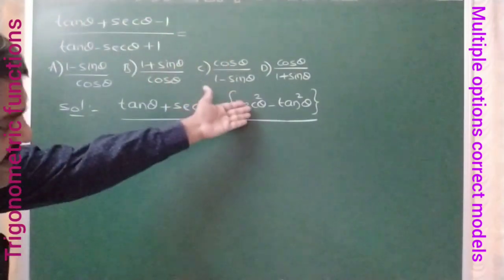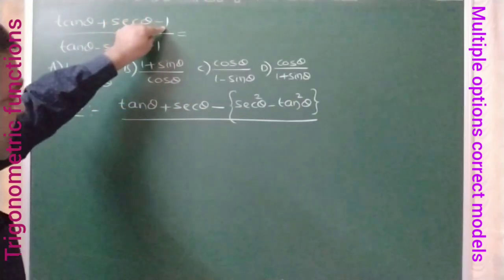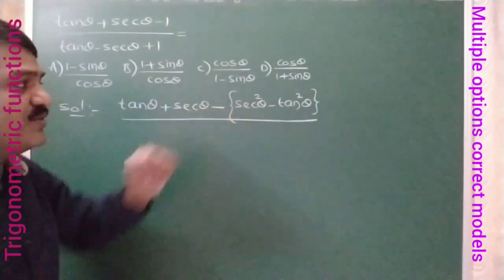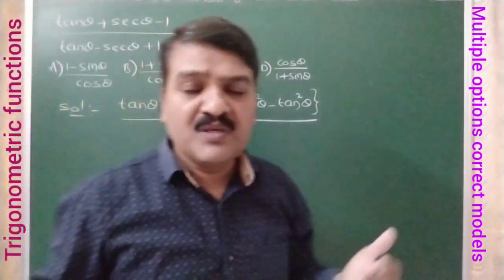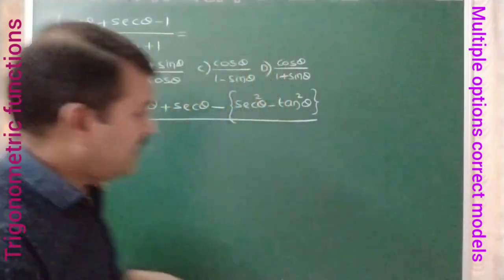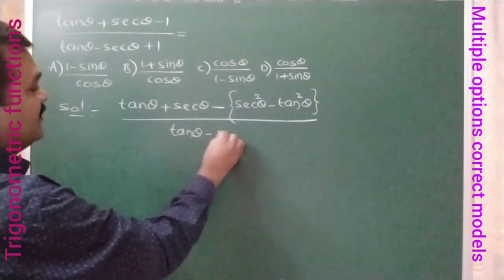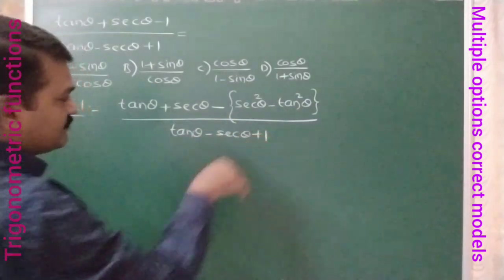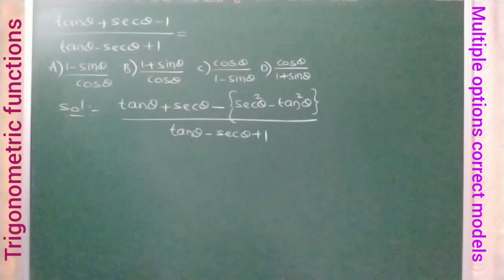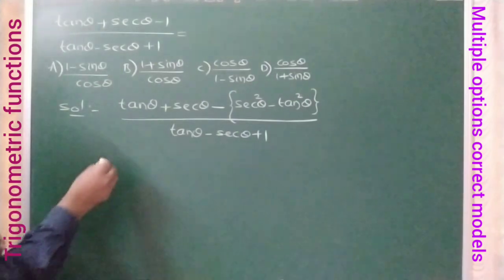The same identity I am using here in place of 1, I am just writing secant squared theta minus tan squared theta, which we clearly know is 1. Okay, and the denominator we are not going to disturb throughout the problem. We will not change the denominator, only the numerator we will simplify.